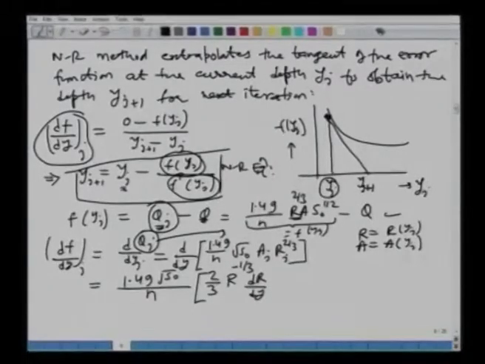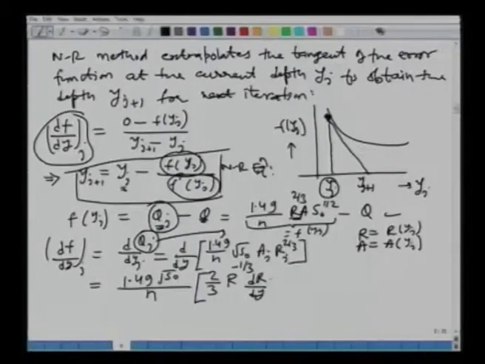So, you have a product of two functions, and the derivative would be the first one multiplied by the derivative of the second. We are differentiating the R term first. So, the differential of this quantity would be 2 by 3 R j to the power 2 by 3 minus 1, which is this, times dR by dy is also there.